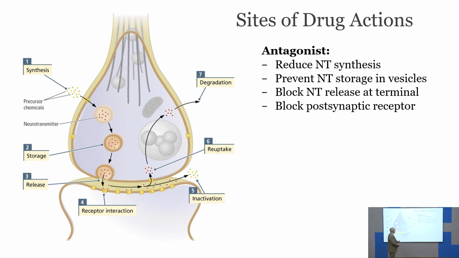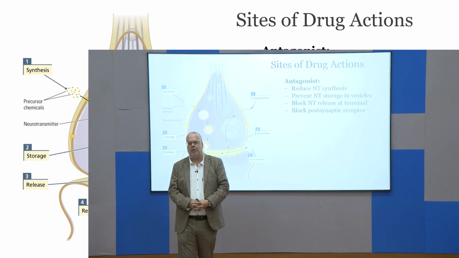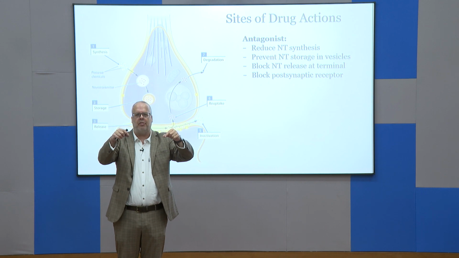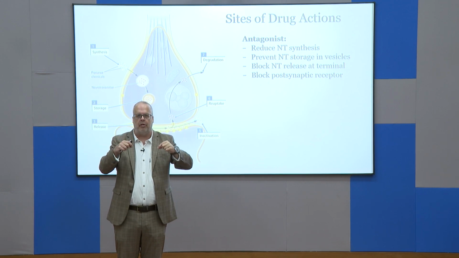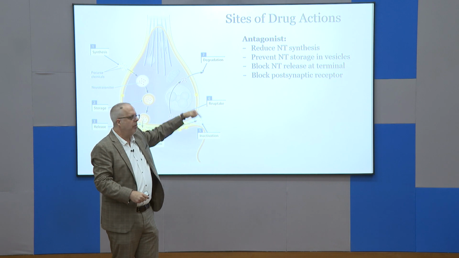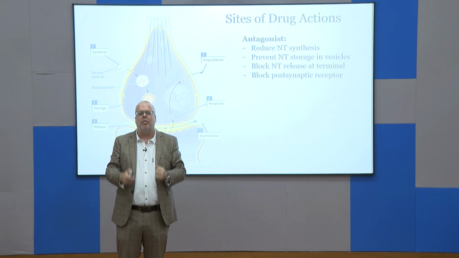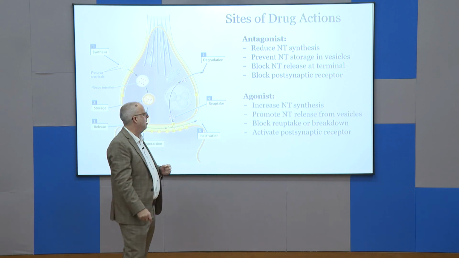We can block the neurotransmitter release at the terminal, blocking those vesicles from fusing and releasing their contents. And we can also block the postsynaptic receptor. So the neurotransmitter is released, but it has no way to bind to the postsynaptic receptor and exert its effects. All of these are antagonistic. All of these are reducing or diminishing the efficacy of the neurotransmitter.